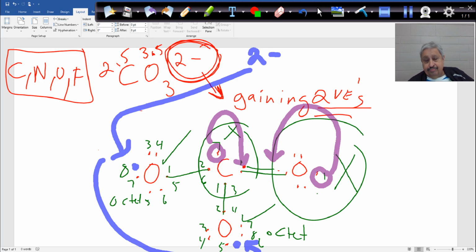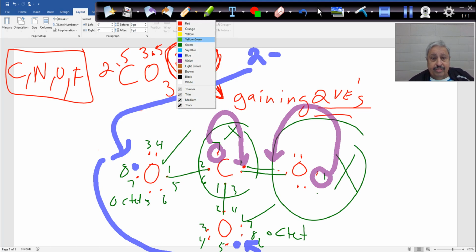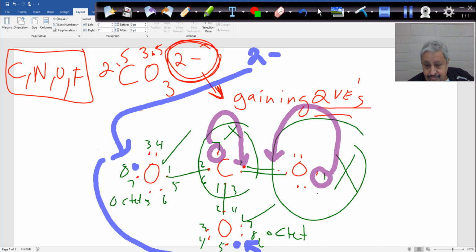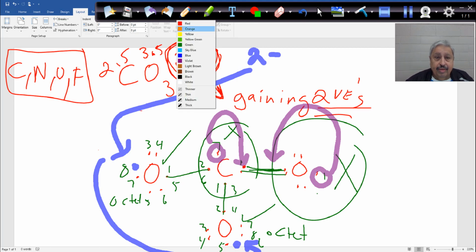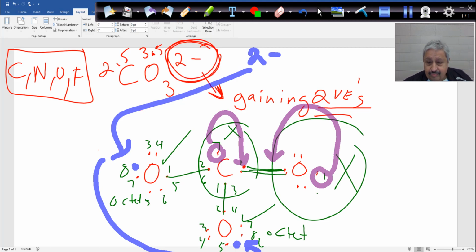Okay, so let's look at this. It's a double bond here. Now let's count with a different color. 1, 2, 3, 4. 2 sets of unpaired, non-bonding electrons, and 2 sets of paired bonding.